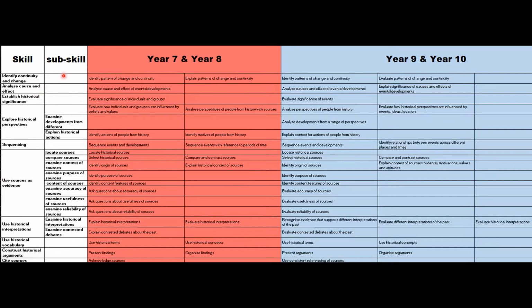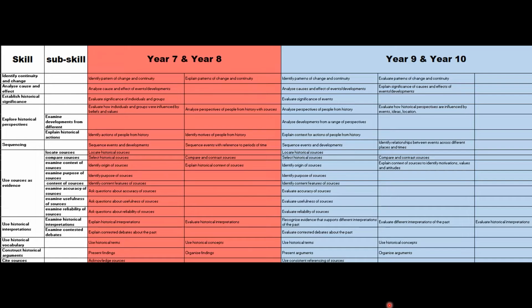The total number: 1, 2, 3, 4, 5, 6, 7, 8, 9, 10, 11, 12, 13, 14, 15, 16, 17, 18, 19, 20. So across years 7 to 10, there are 20 separate sub-skills that students are expected to be taught and learn and, I guess, be assessed on. 20, right? That's a lot.